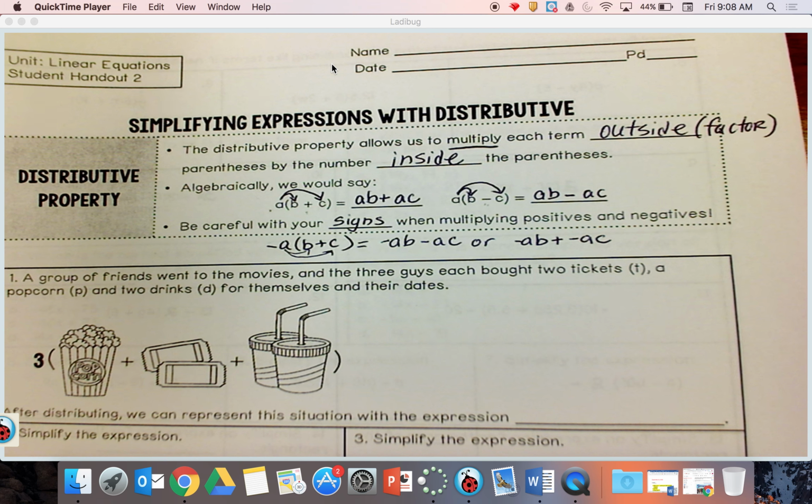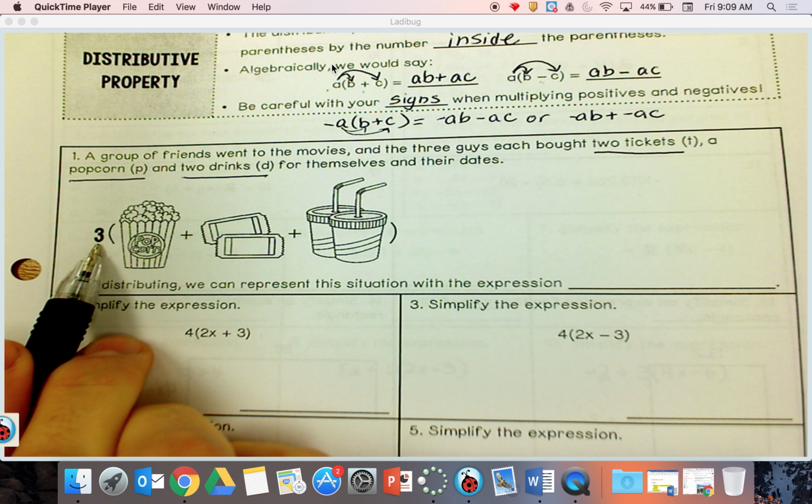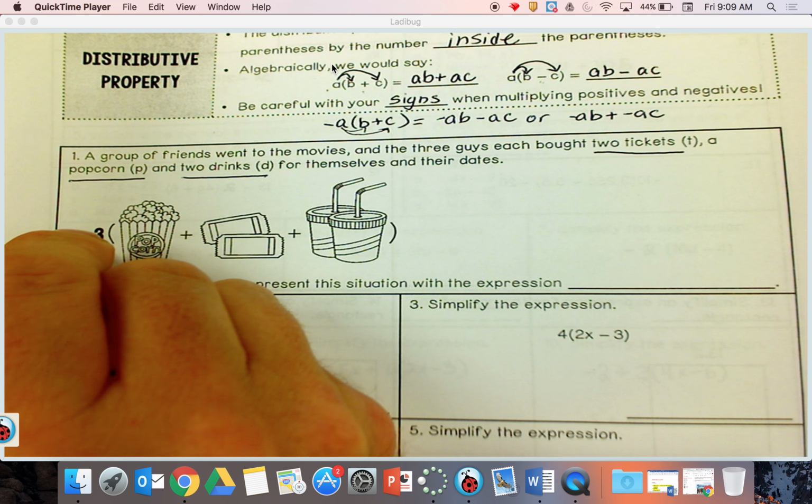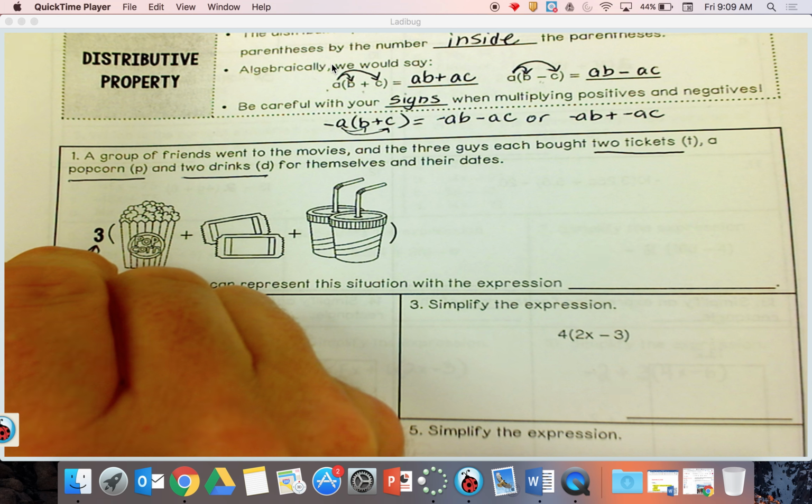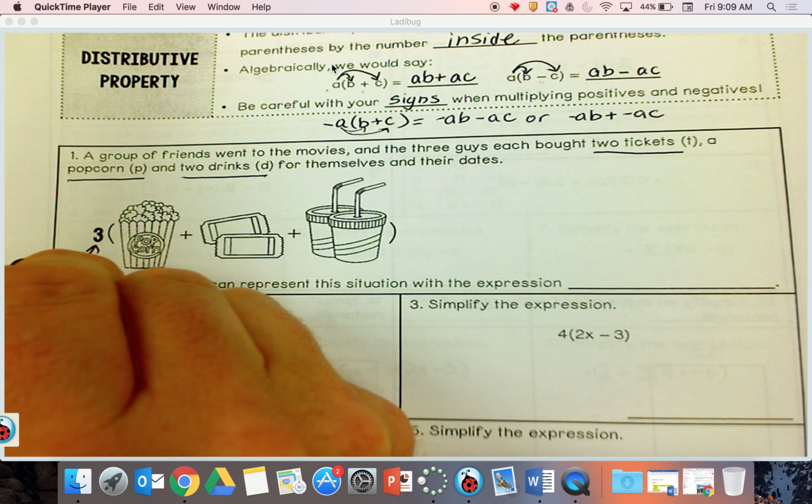All right, so let's take a look at a picture example here. You're buying 2 tickets, a popcorn, and 2 drinks, but you bought them for 3 groups of friends. So this right here is the factor. We're going to increase it by a factor of 3.